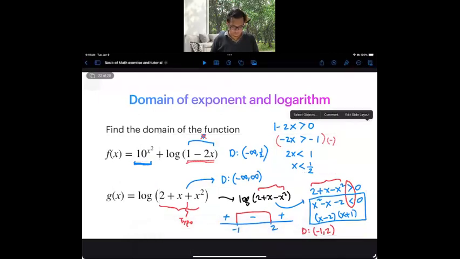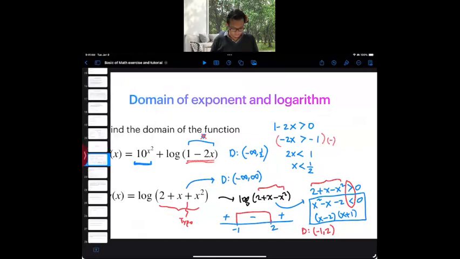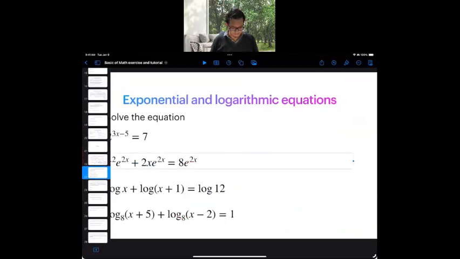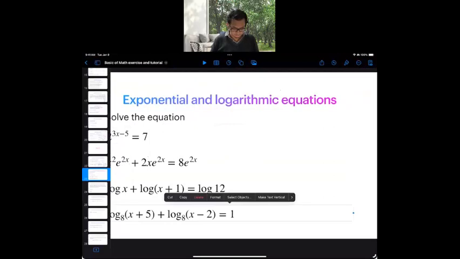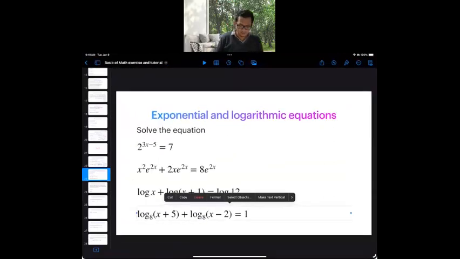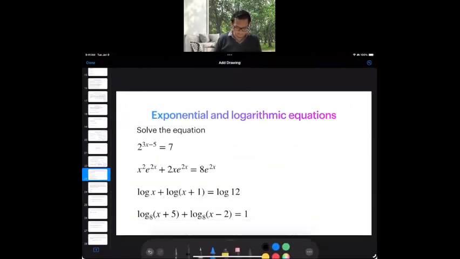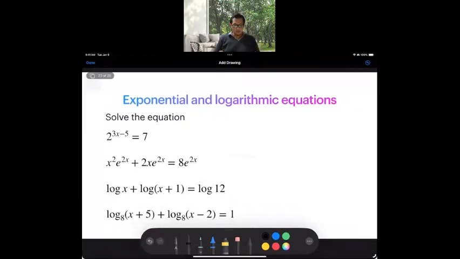Okay. Now next one. How about this? We start from the first one. Solve the equation.